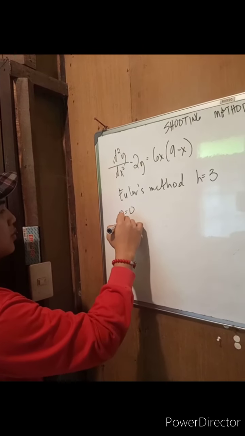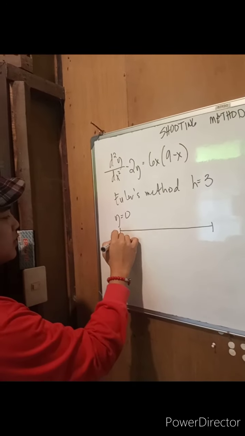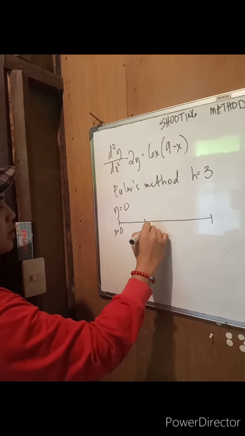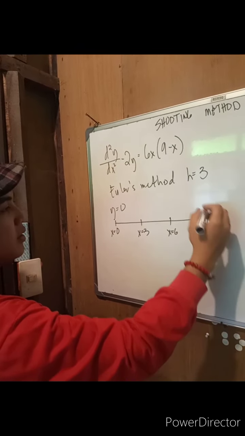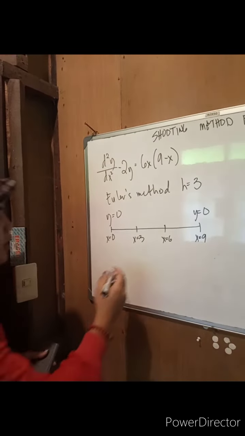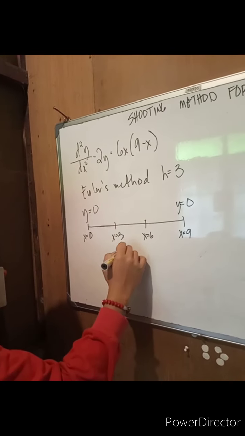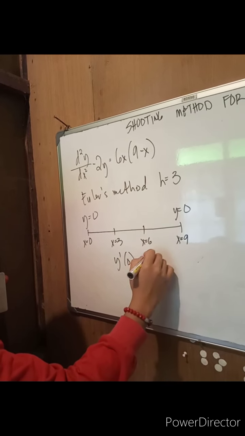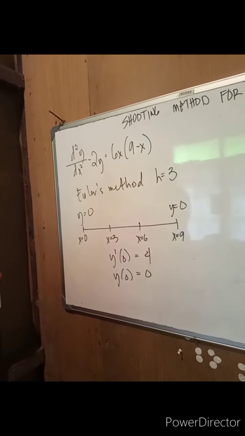Y sub 0 natin, x is equal to 0, x is equal to 3, x is equal to 6, x is equal to 9. Then, kukuha tayo ng y prime natin times 0 is equal to 4, and yung y sub 0 natin is equal to 0. So, ganyan na siya.